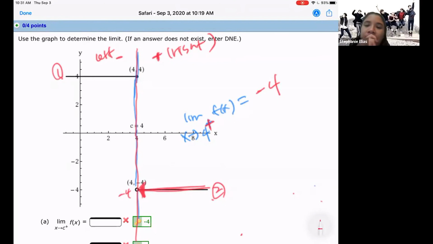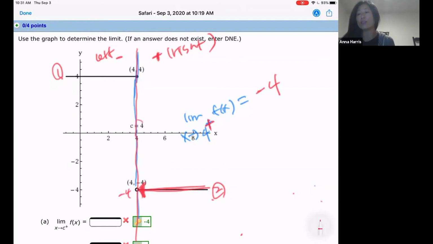Okay, they give you a line, they tell you which x to look at. They told you to look at c equal to 4. So you look at the 4, you draw a line yourself, and anything to the right of that line is the positive side of the limit. So anything to the left is what? Left is the negative side of the limit as x approaches that number.